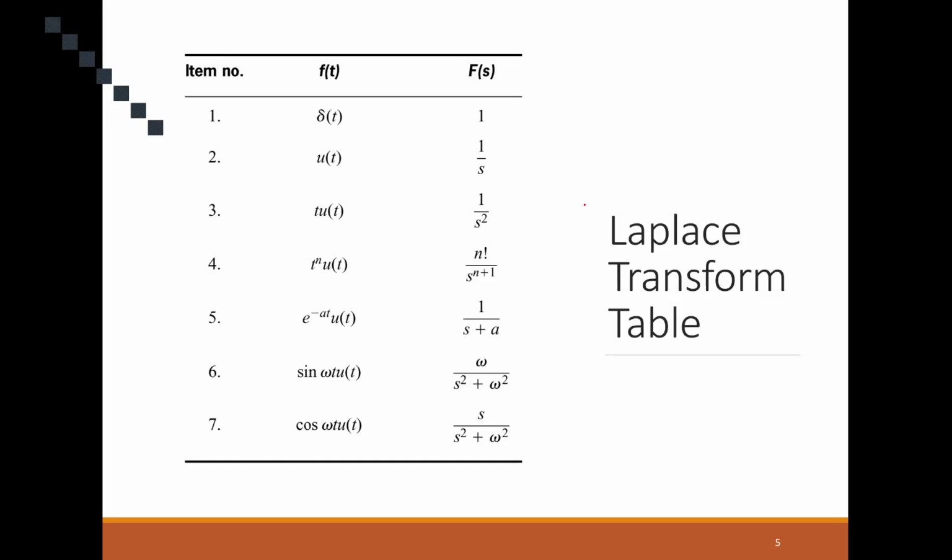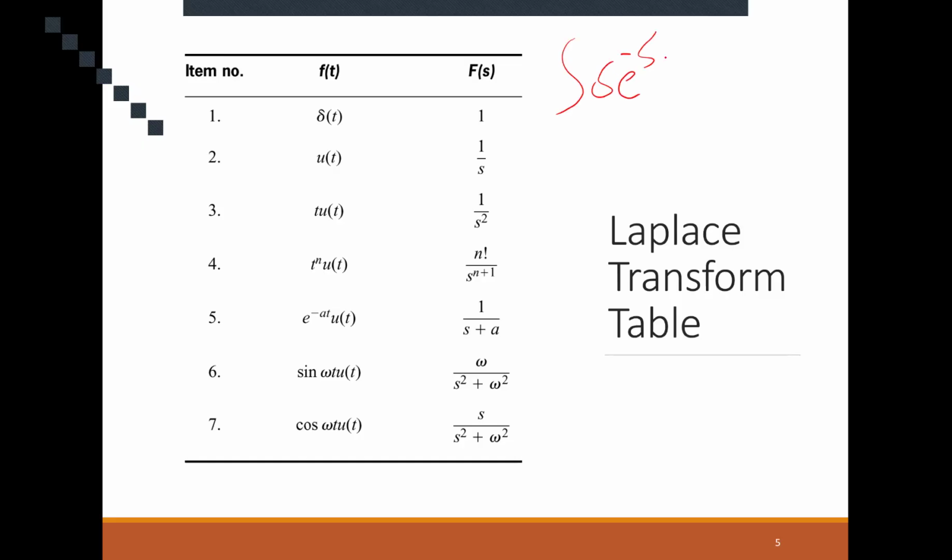You can take the integral easily because that's the easy part. The integral of delta times e to the minus st dt from 0 to infinity: the integral of delta is 1, so it's going to be e to the minus st from 0 to infinity. At infinity, this is 0. At 0, this is 1. So it becomes 1. Make sense?